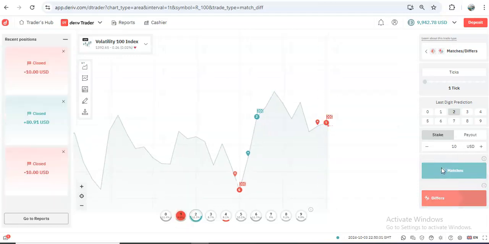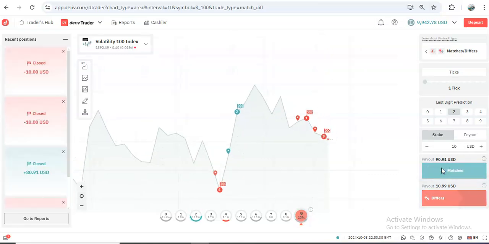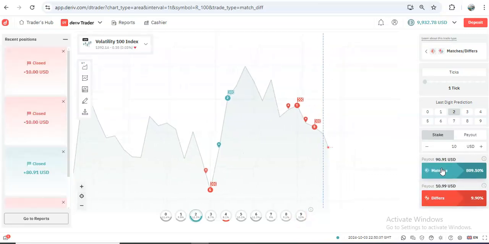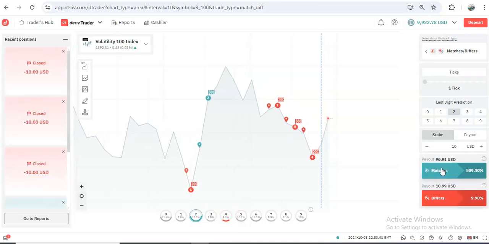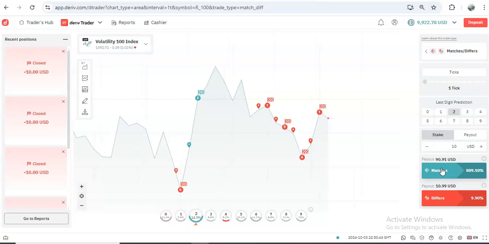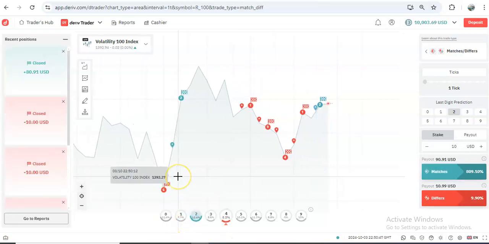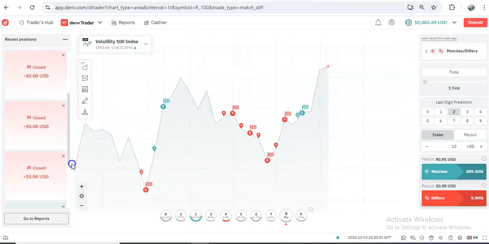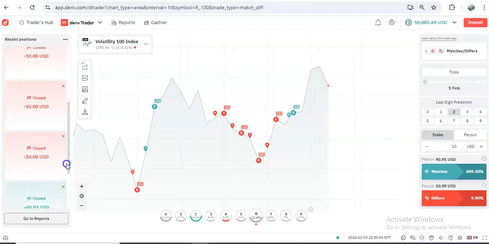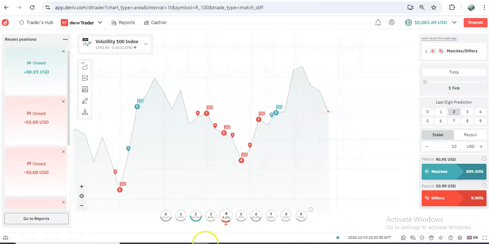My internet is a bit slow, but let's wait. Okay, see, it has come to 2. Yeah, that's our third one. So we have lost 4 before we entered the profit part.